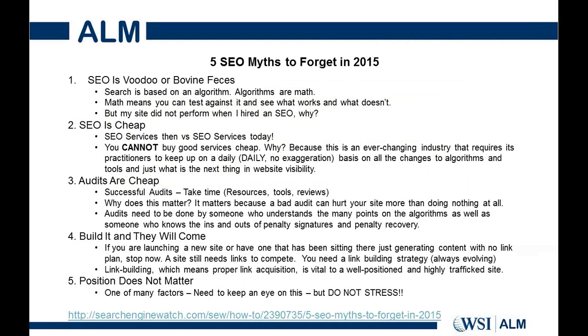So not only is it linear and sequential, but at the same time it means that you can test it, and you can test different types of SEO strategies against each other, and different strategies will yield different results. So it is really based on an algorithm.